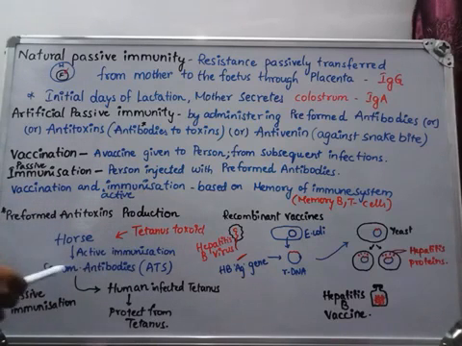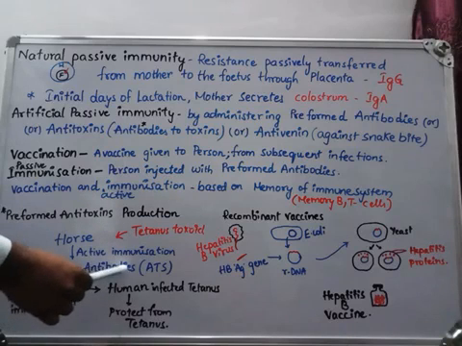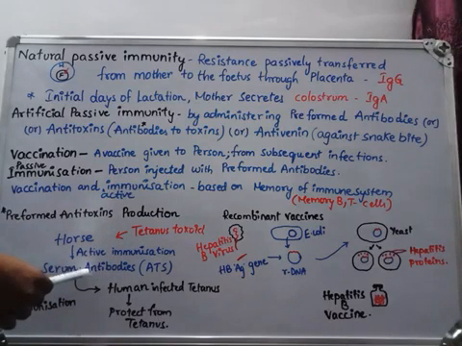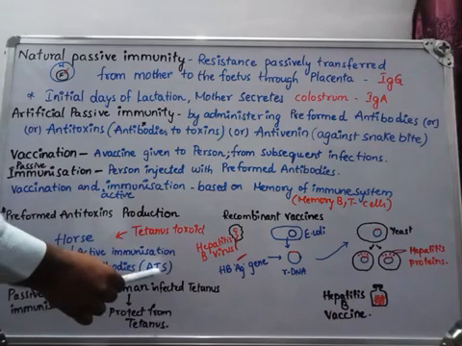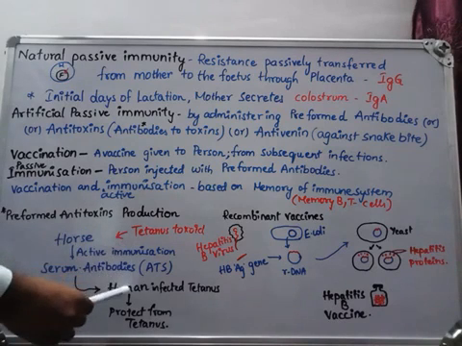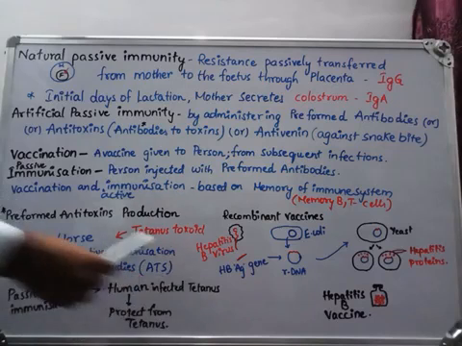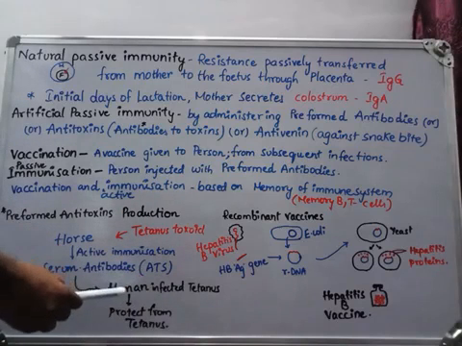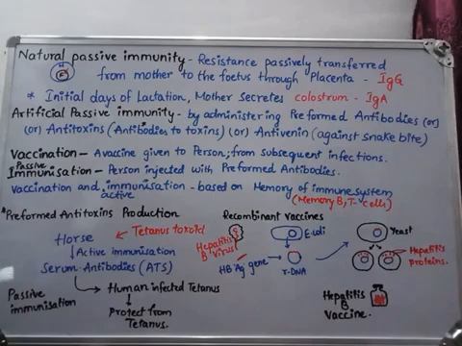We take blood from that horse and purify the serum with the antibodies only. Such antibodies we call anti-tetanus serum. We transfer that anti-tetanus serum by injection to persons who are already infected with tetanus, so the person can recover easily.